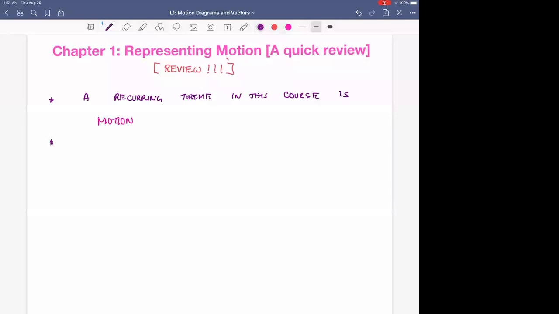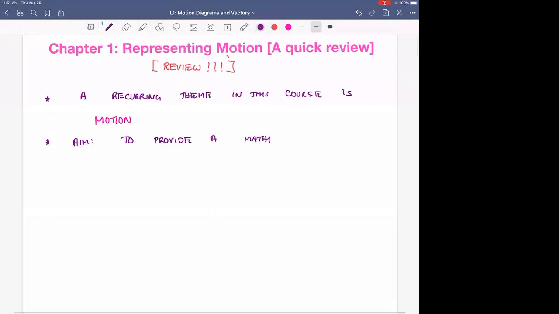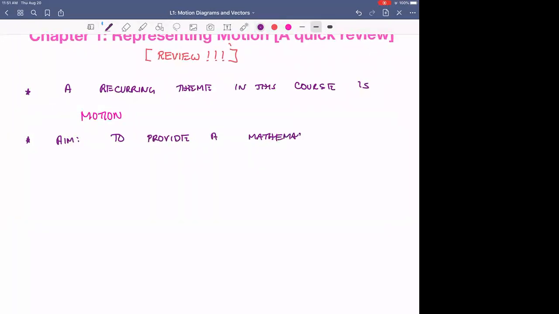And the aim is to provide a mathematical description of motion.